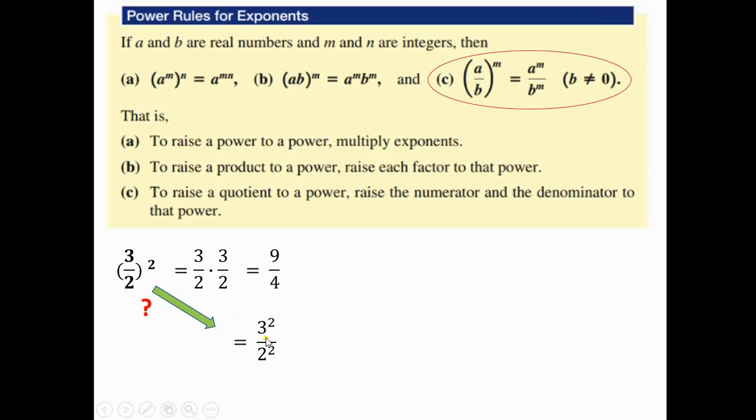All right, so I got 3 squared over 2 squared. Again, 3 squared is 3 times 3, and 2 squared is 2 times 2. 3 times 3 is 9, and 2 times 2 is 4. So again, our rule does hold through a couple of examples using numbers.